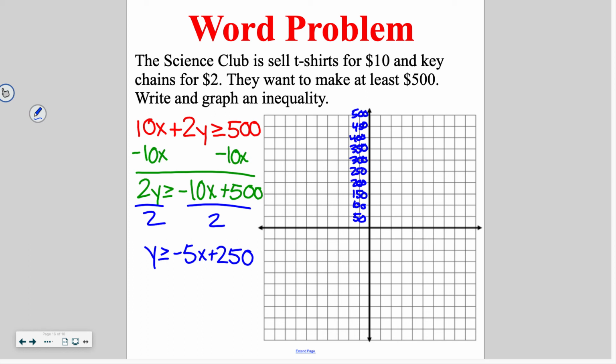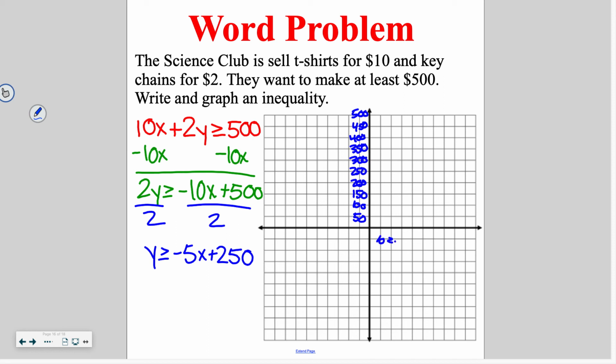And then when I'm going across, I need to be going down by 5 and over by 1. But if I'm counting by 50s here, I'm probably going to want to count by something bigger on my scale going on my x as well.